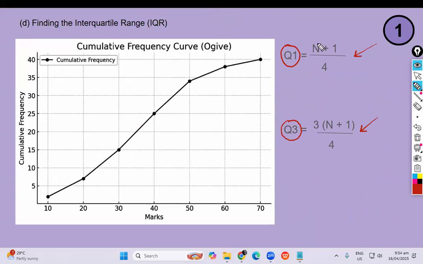What you need to do is replace the n with what? 40. And do the same thing. Go across and come down for both of them. Both of them will give you a different value. For the interquartile range, you take the final value for Q3 and minus the final value for Q1. So for those who didn't know what to do, I've given you a minute.